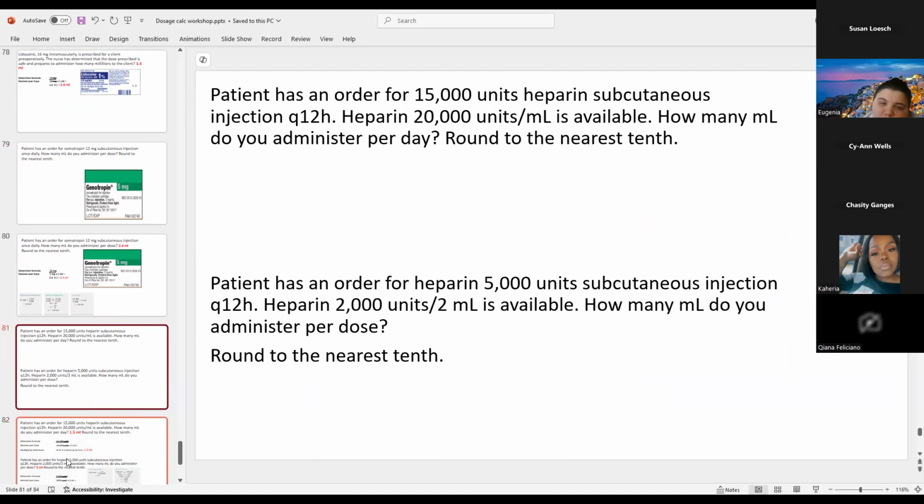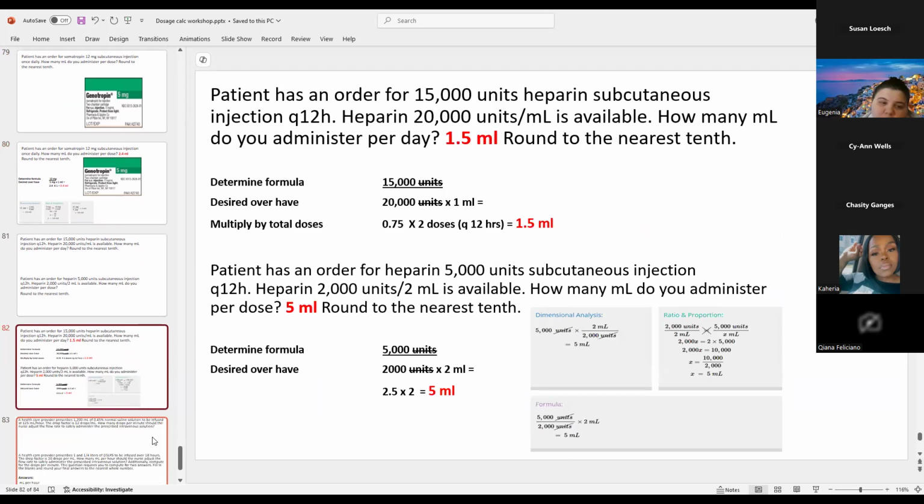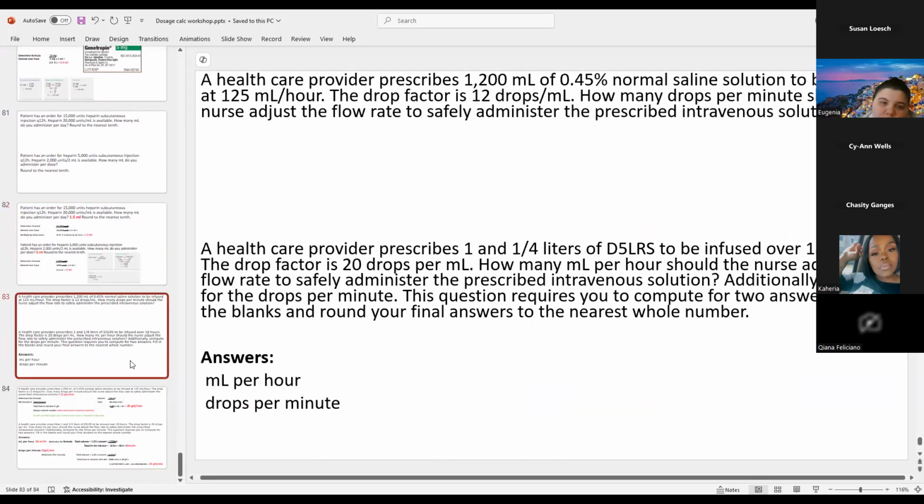All right, and then these you guys can just work on your own. I put a couple of extra questions on here, just to help you remember how to do them. This is another drop factor. So remember, this is like the one that we did earlier.